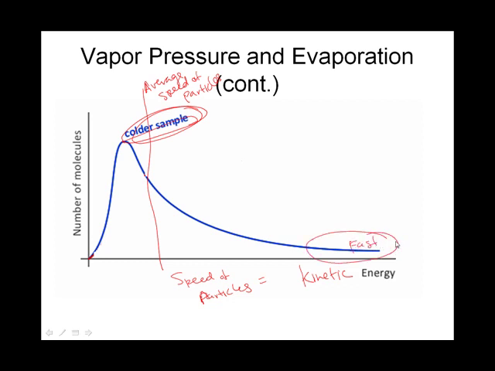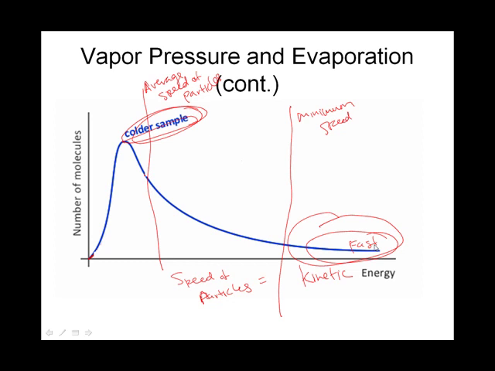And that's why even a cold drink would have evaporation, because if I say this is the minimum speed the particle needs to have in order to escape the liquid phase, you have a small population of these very fast moving particles in cold water that can actually vaporize.